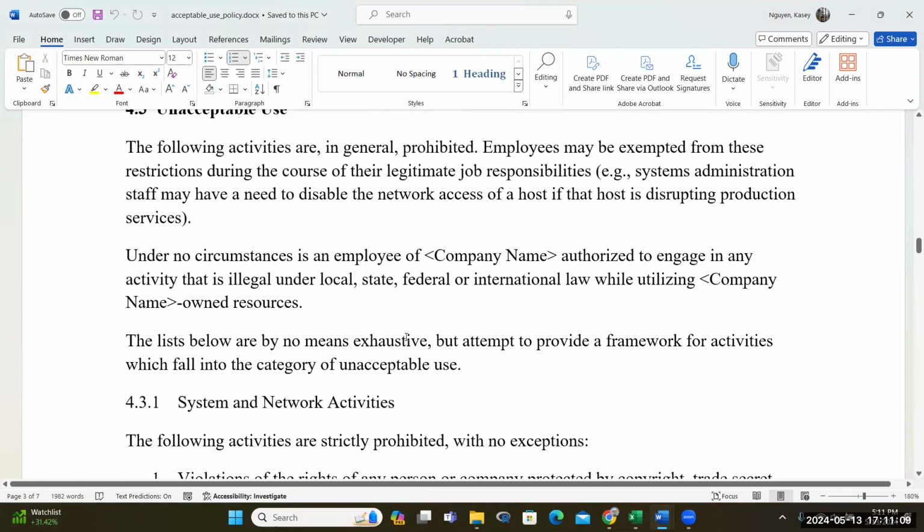And ultimately, we want to state when they violate the rules, what will be the consequences, right? First violation, that could be, you know, an HR warning, second violation, and so on. Sometimes it would be dismissal. So once they read the policy, they would have to sign and acknowledge that they have read and agreed to the policy.